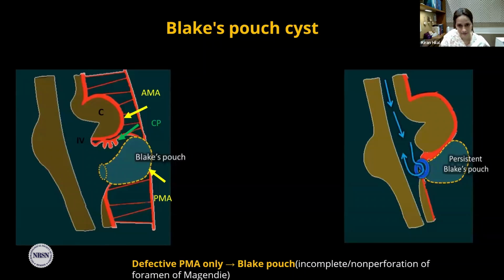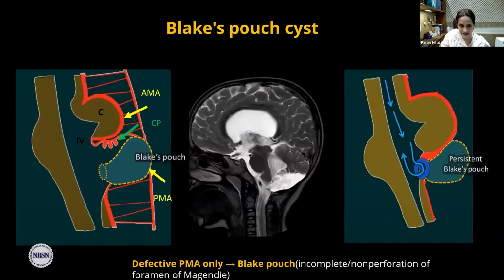I hope things are clear. This is the case where, till 12 weeks of gestation, the fenestration of the foramen of Magendie did not occur, and this pouch persisted as a Blake pouch cyst.